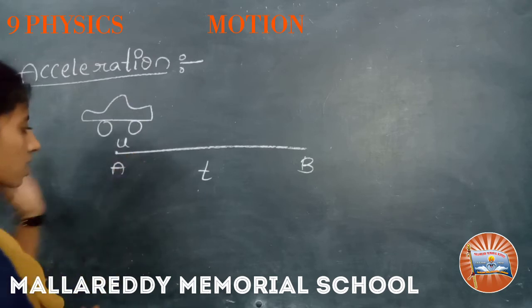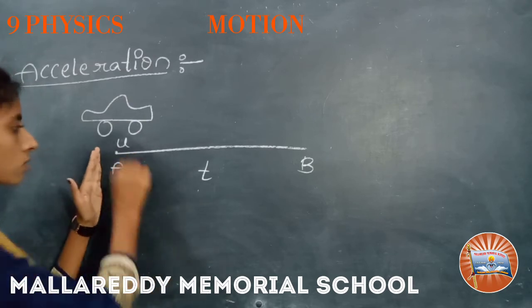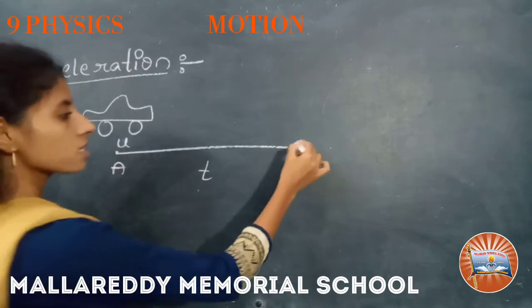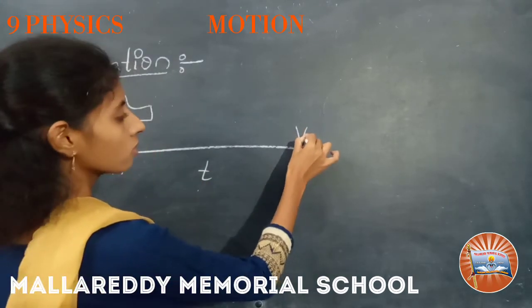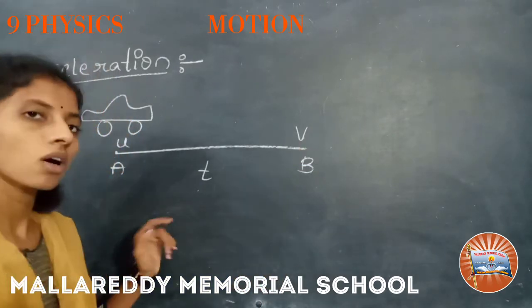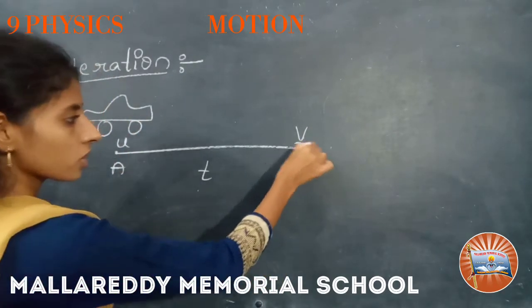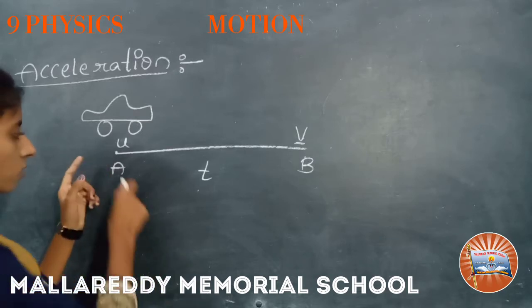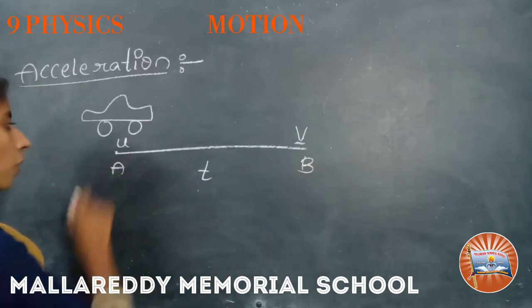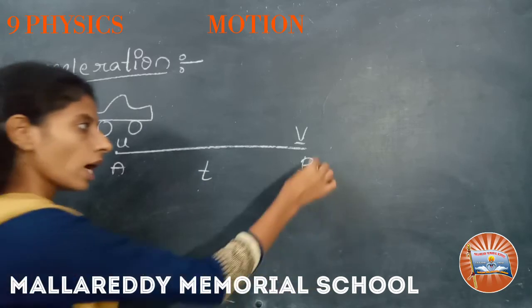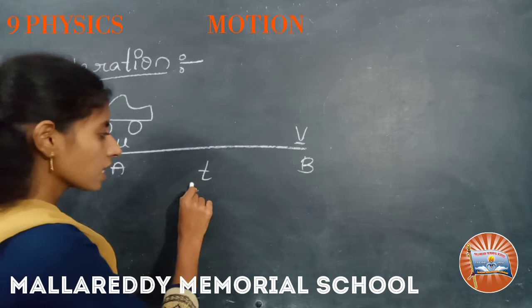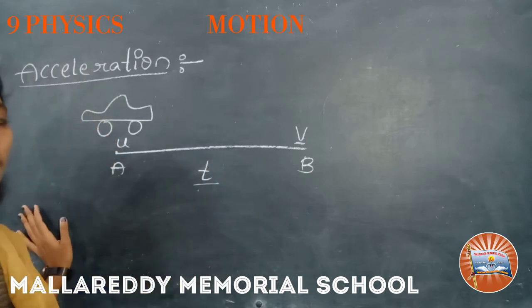When the car has travelled some distance, finally it stops after some time. This position is known as the final point. Here point A is the initial point and point B is the final point, and the car travelled in time t.